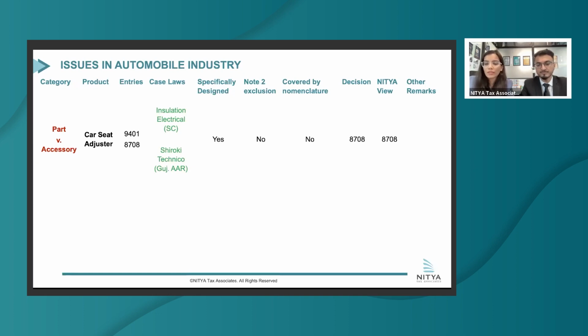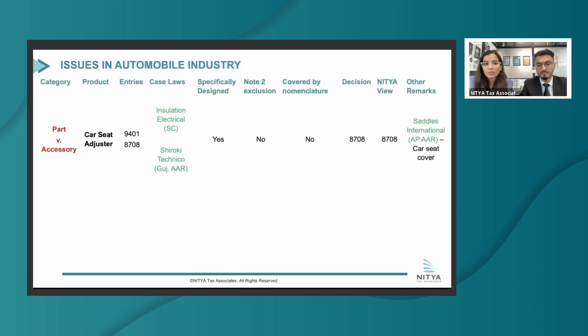You can always have seat adjusters or covers for better and improved use of seats. So to that extent, these will not qualify as seat parts, but will become parts and accessories of motor vehicles. So there have been multiple correct rulings on this.